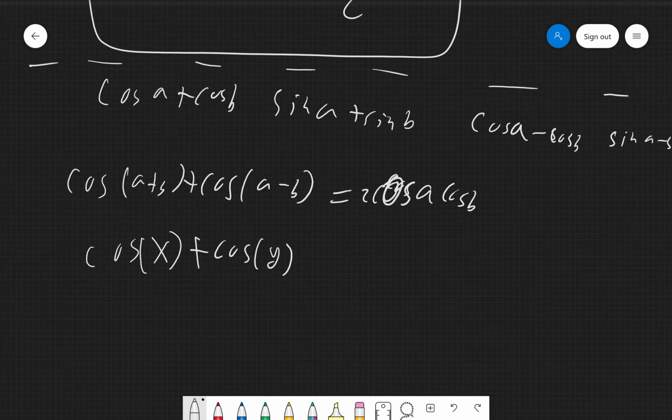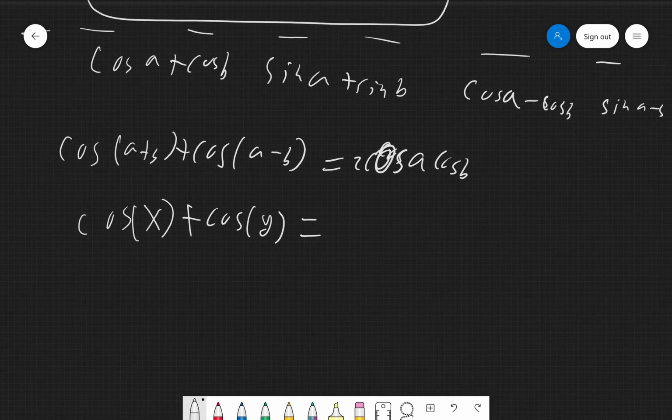So now we say that's equal to 2 cosine of, what's A now? Well, A is X minus B, or X plus B, or Y plus B, right?